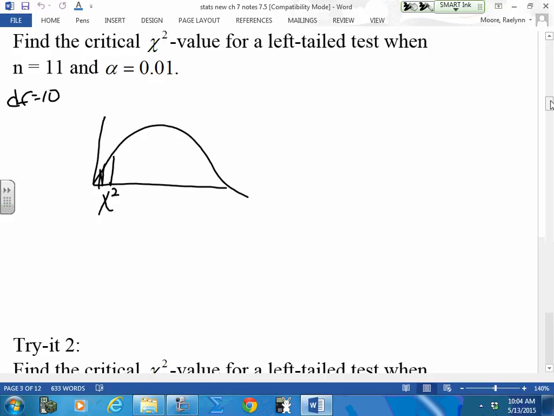What's 1 minus 0.01? Okay, so now I want you to look up 0.01, 0.99 when your degrees of freedom are 10. I want you to give me these two numbers and then tell me which one goes on the left-hand side. That's what I want you to do first. Do it in case I call on you.